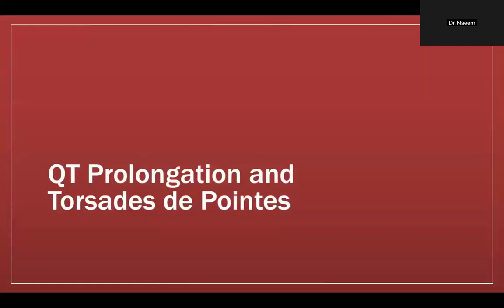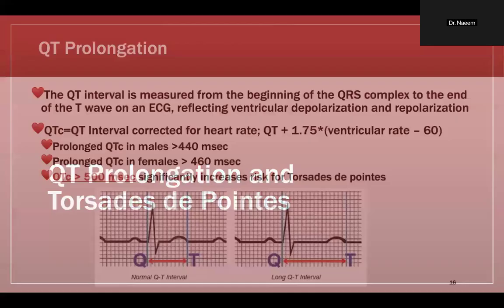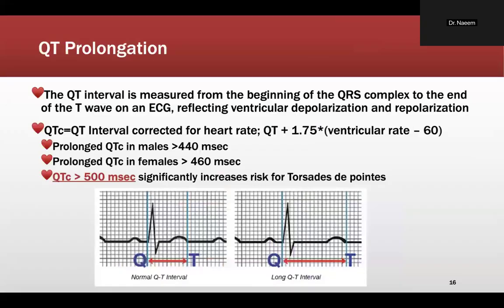All right, so to review QT prolongation and torsades, which is something I've referred to a little bit already, the QT interval is measured from the beginning of the QRS complex to the end of the T wave on an EKG, which reflects ventricular depolarization and repolarization. The calculation is for your reference.